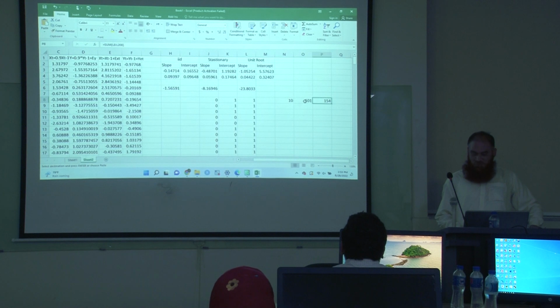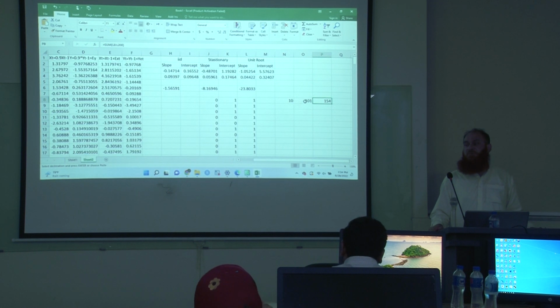And if you are going to this third cell, this is counting this probability of spurious regression. In unit root series, this has risen to 154 out of 200, that is roughly equal to 80%. Okay, so what the conventional wisdom is saying is the spurious regression is occurring because of non-stationarity.